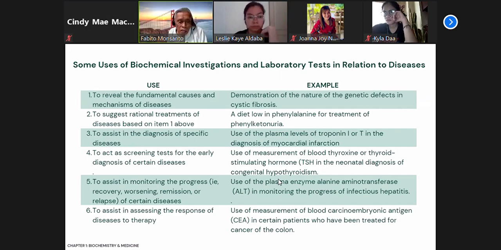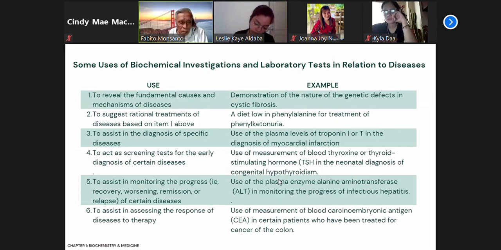To act as a screening test for early diagnosis of certain diseases. So, we have a measurement of blood thyroxine or thyroid stimulating hormone, TSH, in the diagnosis of neonatal congenital hypothyroidism.